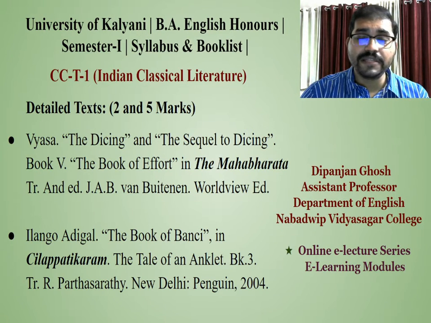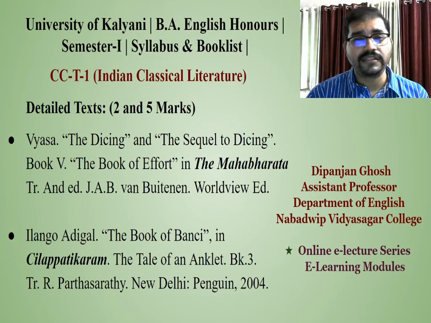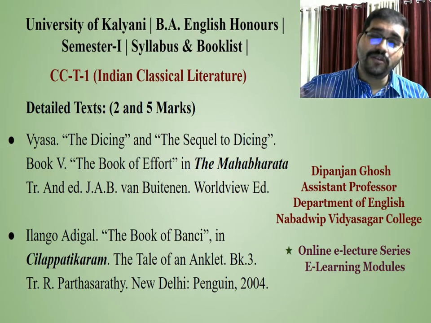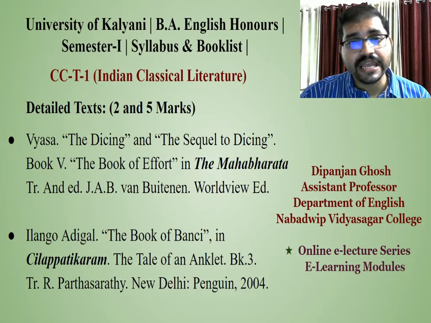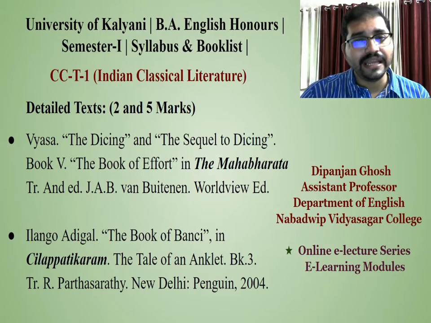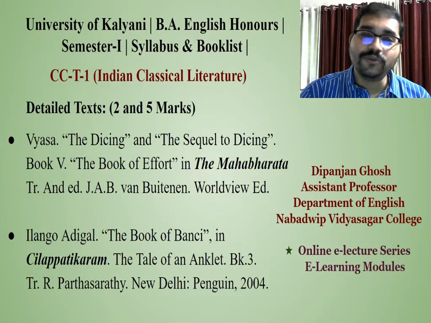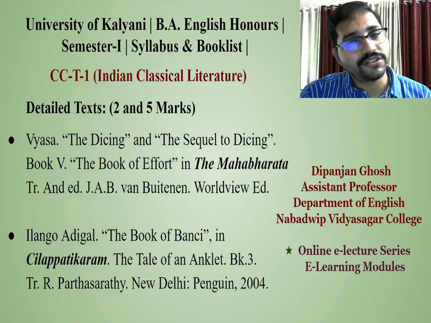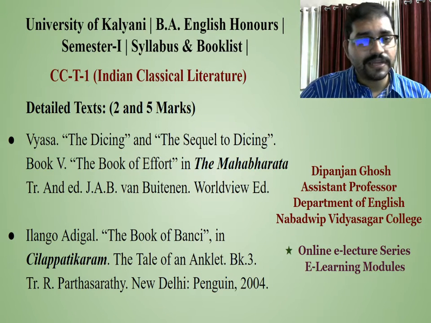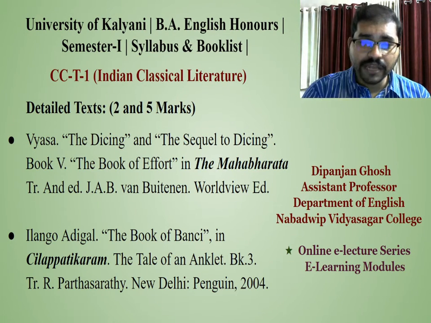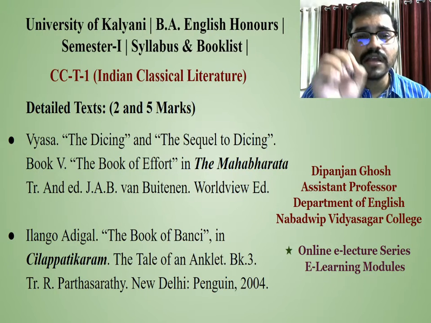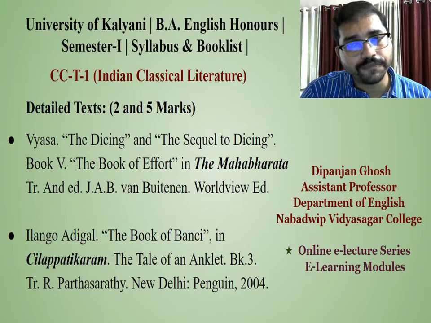Regarding the Mahabharata, the actual form was written in Sanskrit, and as we are reading in English Honours, ultimately we must go for a translated version. As you can see here, the university has specifically mentioned which translated work we should follow.